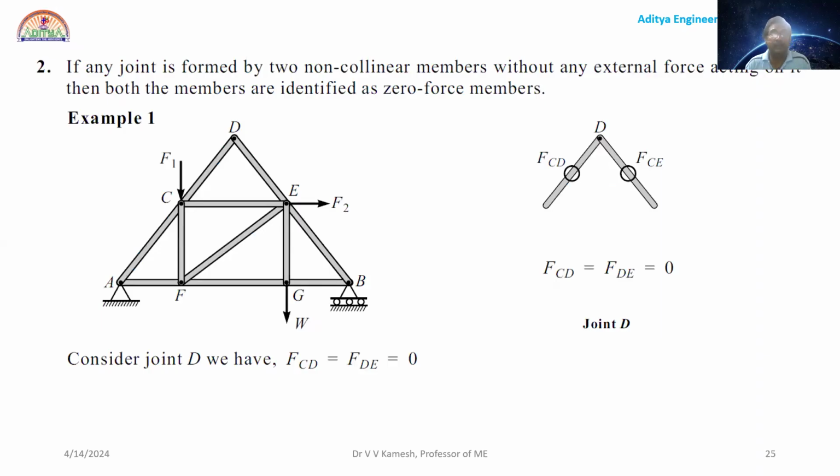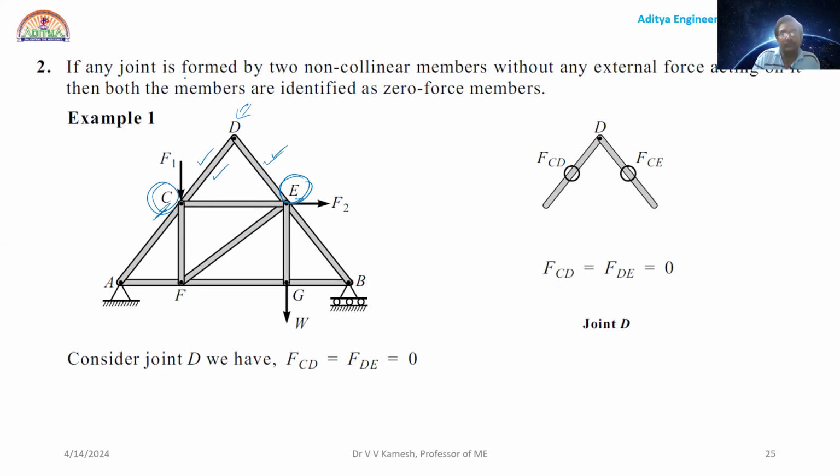Now, there is another condition. Look at the truss. Where is the loading? The loading is at C and the loading at E, right? But what about the members CD and DE? They are unaffected by the loading, because the loading is completely borne by the joints C and E. So there is no impact on the joint D. When the joint D is not affected, CD and DE are not at all responding to the loading conditions.